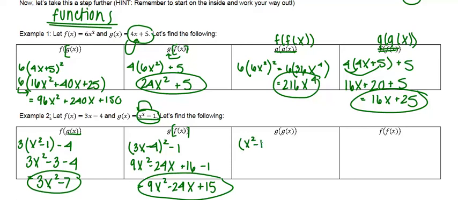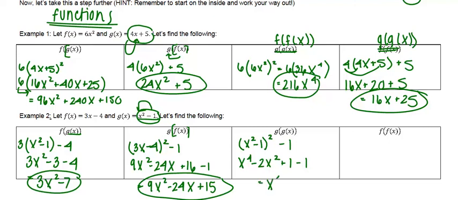Start with the inside, work our way out. For this third one, okay, I'm using function g. I'm taking it and I'm plugging it in where I see x. So I'm going to have x squared minus 1 squared minus 1. Now, once again, I have two terms and I'm squaring them.